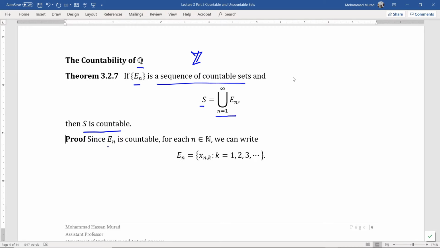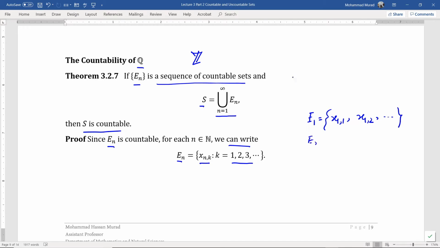Since each E sub n is countable, we can write the elements of E sub n in the following manner. It contains the elements of this form, x sub n comma k, where k is 1 or 2 or 3, and so on. For example, E sub 1 contains the elements x sub 1 comma 1, x sub 1 comma 2, and so on.